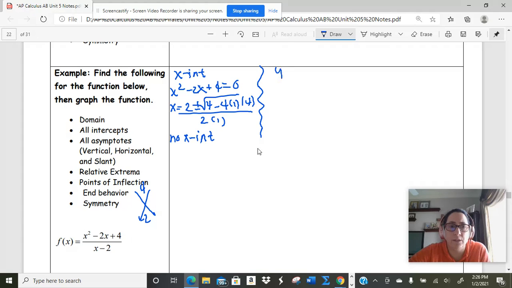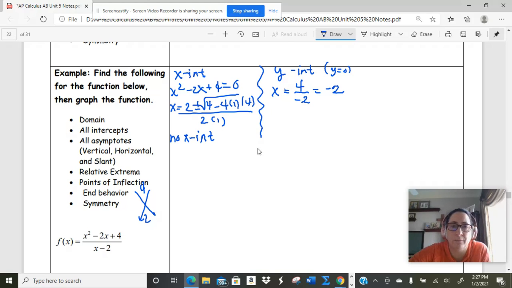What about y-intercepts? Let's think through that, because this side is never going to have an x-intercept. So, y-intercepts. Now I'm going to plug in 0. That'd be 4 times 0 over -2. Okay, I got -2 when I plugged in y to be 0.